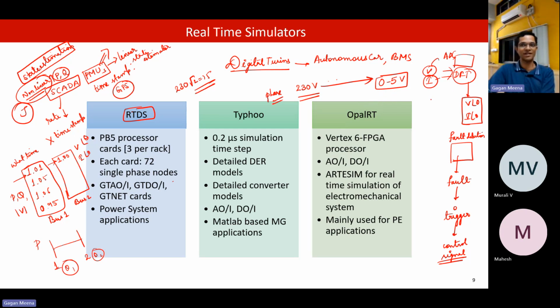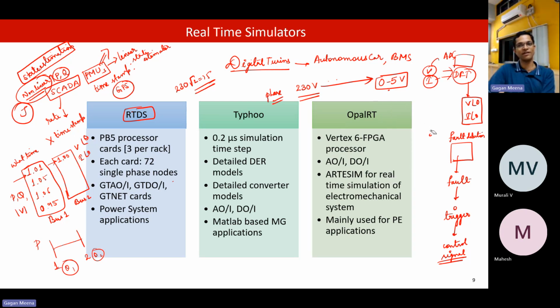But this relay which is there requires all the three phase voltages VA, VB, VC, and these are in the range of 230 volts. But the output from RTDS is only 0 to 5 volts. Now what to do?